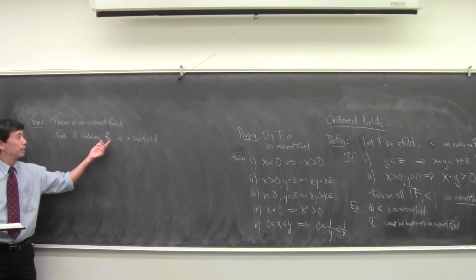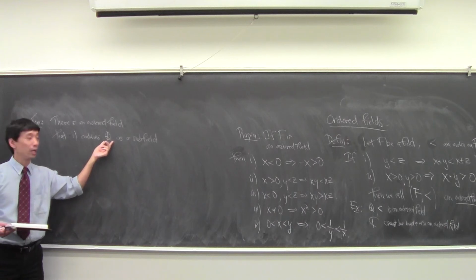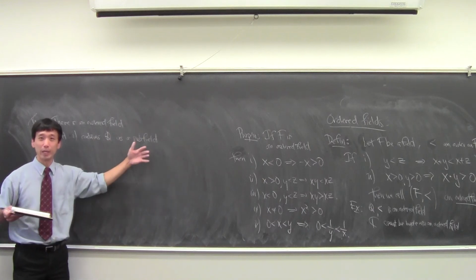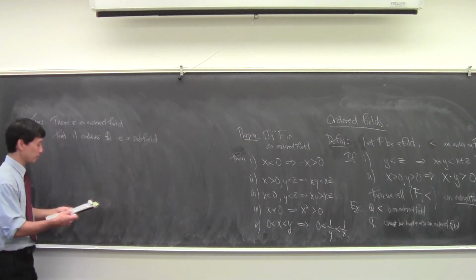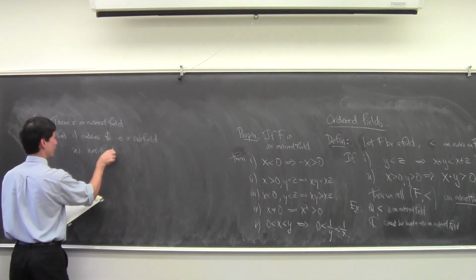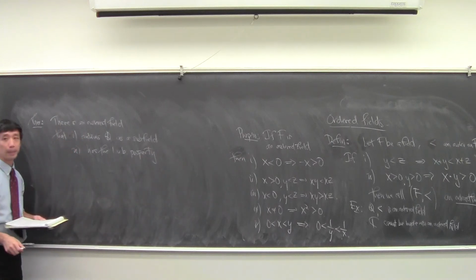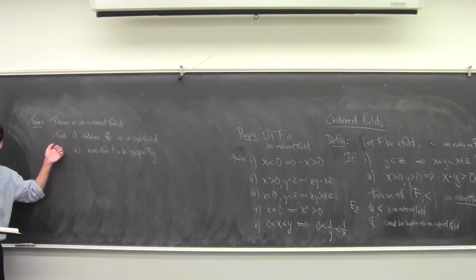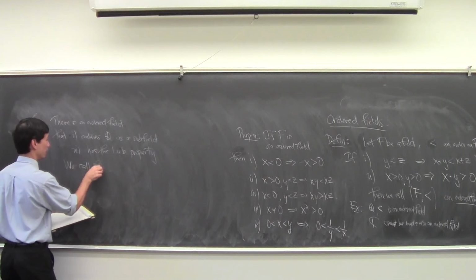That is to say that Q is a subset of that field, and the multiplication and addition on the containing field agree with Q's multiplication and addition. And two, it has the least upper bound property. So there actually is an ordered field that has the least upper bound property, and it contains Q. We call this field R.